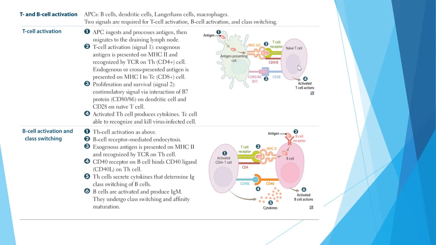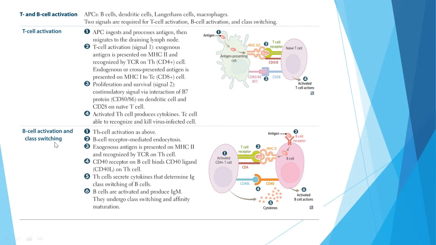And then there is the proliferation and survival. That is the co-stimulatory signal via interaction of the B7 molecule on the dendritic cell and CD28 on the naive T cell. Then the activated T cell comes into action.